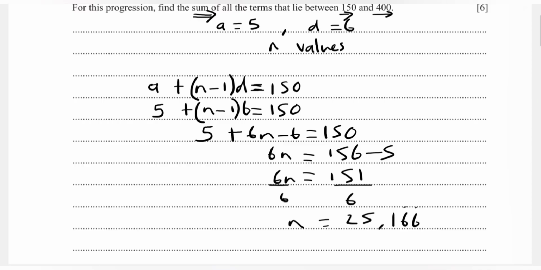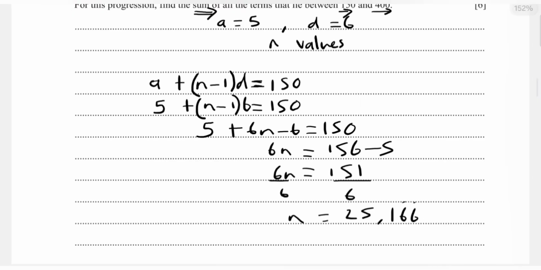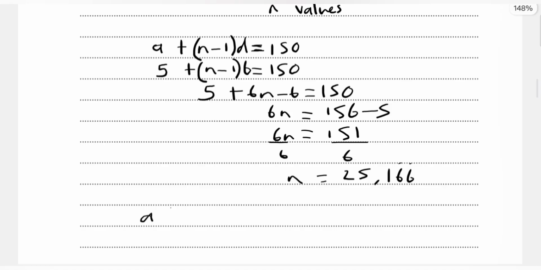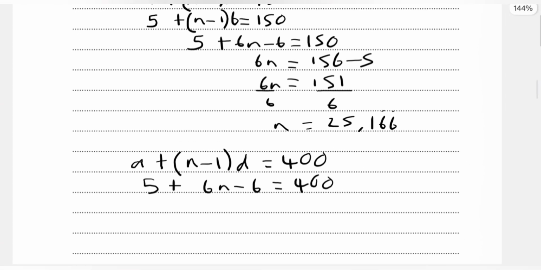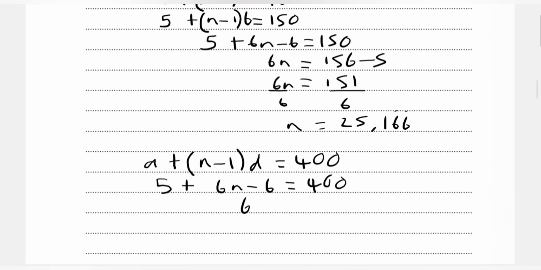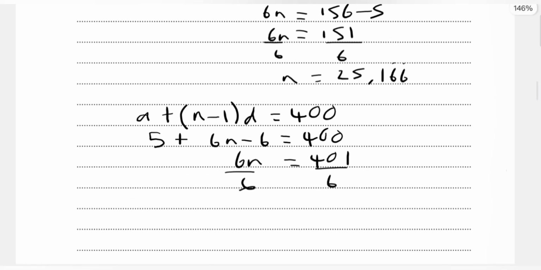And we're going to use the same method to get the n value that gives us 400. So a plus n minus 1 d to get 400. So this would be our 5 plus 6n minus 6 is now equal to 400, right? So that's our 6n being equal to 406 minus 5, which is 401 divided by 6.